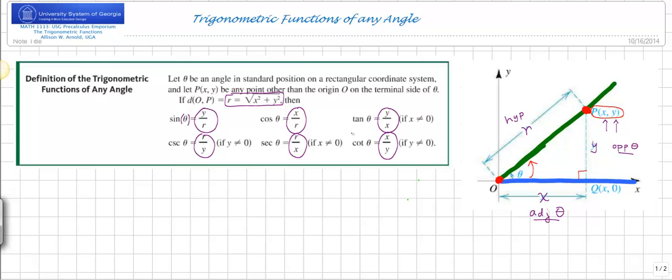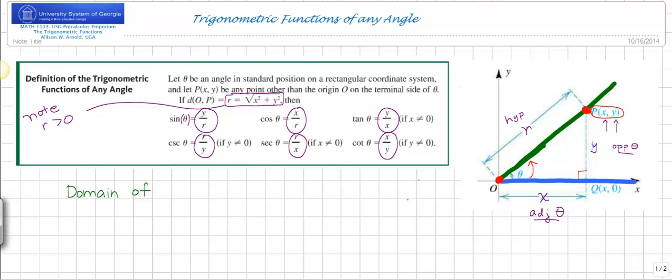Also, while we're here on this definition, let's talk domain values. If you're in this world where you have a point x, y on the terminal side of your angle and a value r that's the distance between the vertex and the point P, then it is important to note that r is always positive. So r itself is never 0, it's never negative.